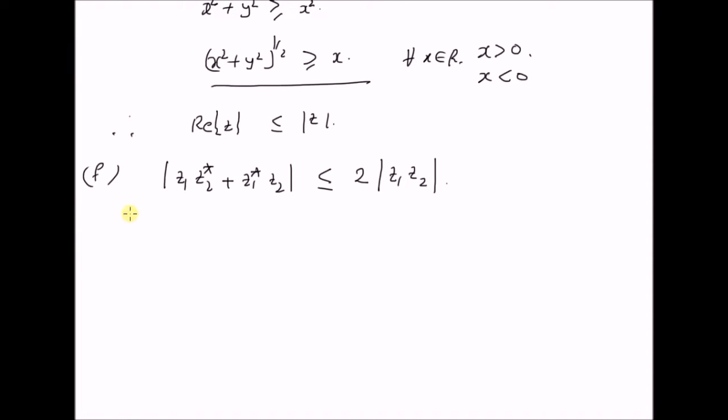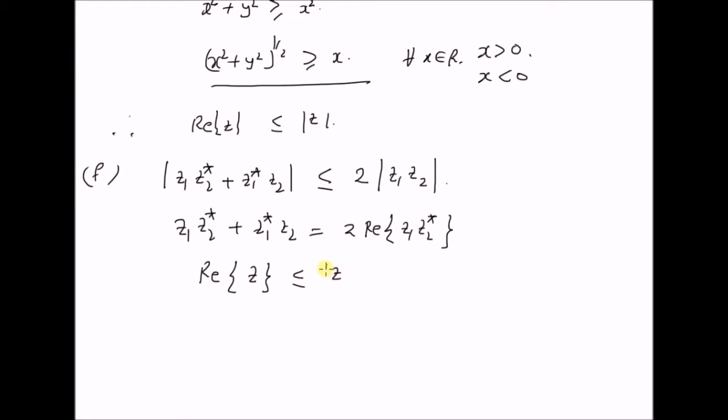Since we know from one of the previous relations that z1 z2 conjugate plus z1 conjugate z2 is equal to 2 times the real part of z1 z2 conjugate. Now, by using this relation, and we also know that the real part of a complex number z is always less than or equal to its absolute value.